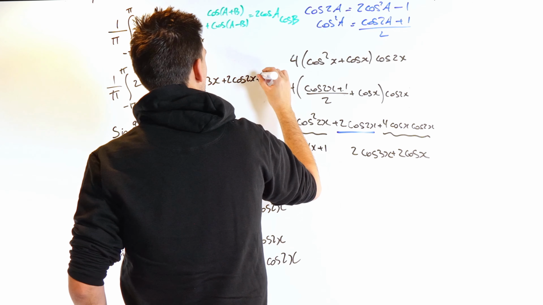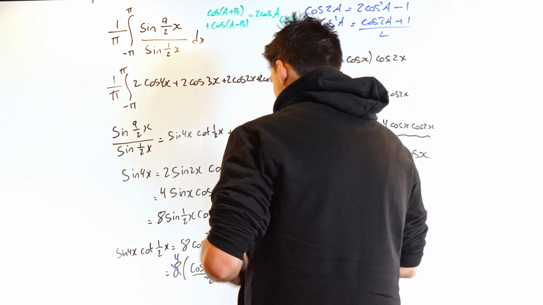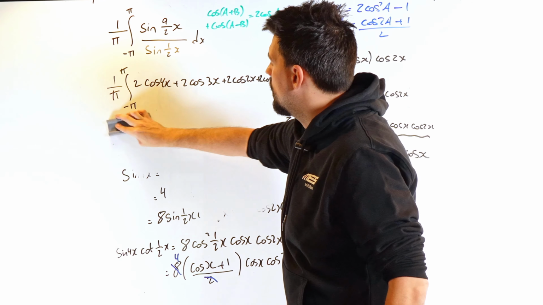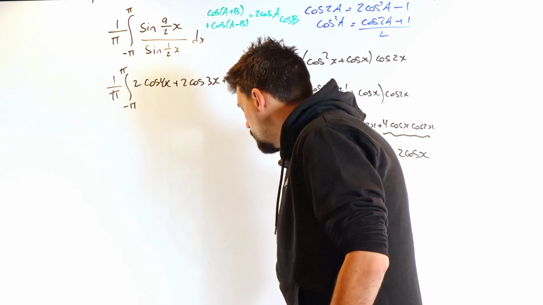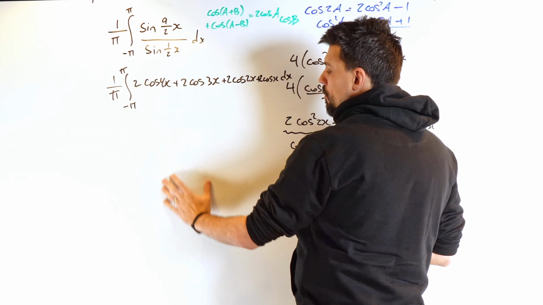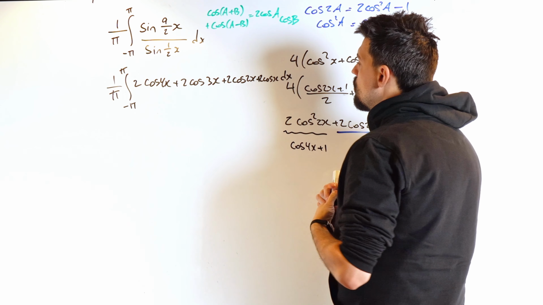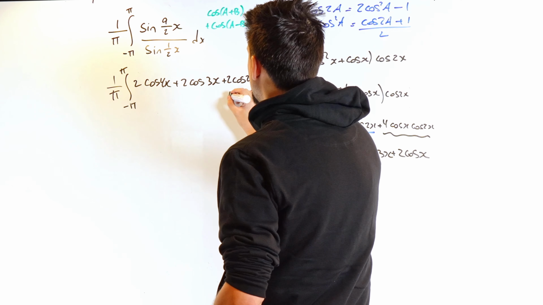And I've got 2 cos x. And this is what my integral has become. Kind of neat, right? We used a whole bunch of multiple double-angle formulae to get down, and then we use them to get back up to this. So really, I'm missing the plus 1.